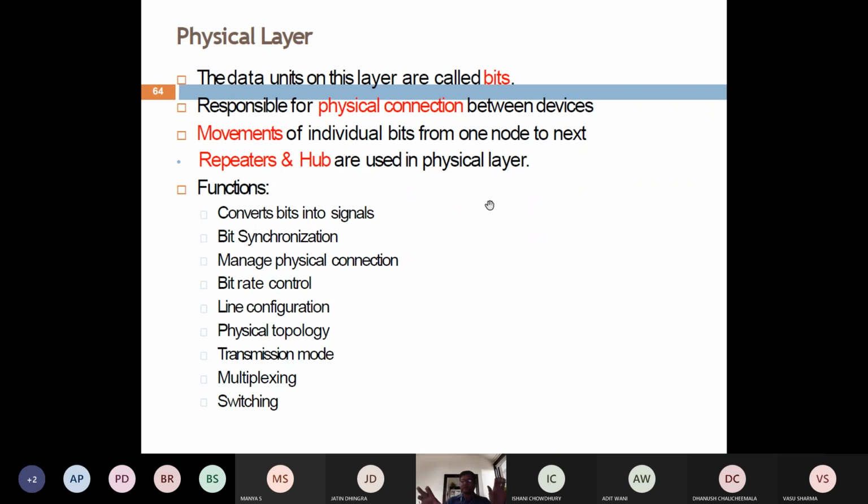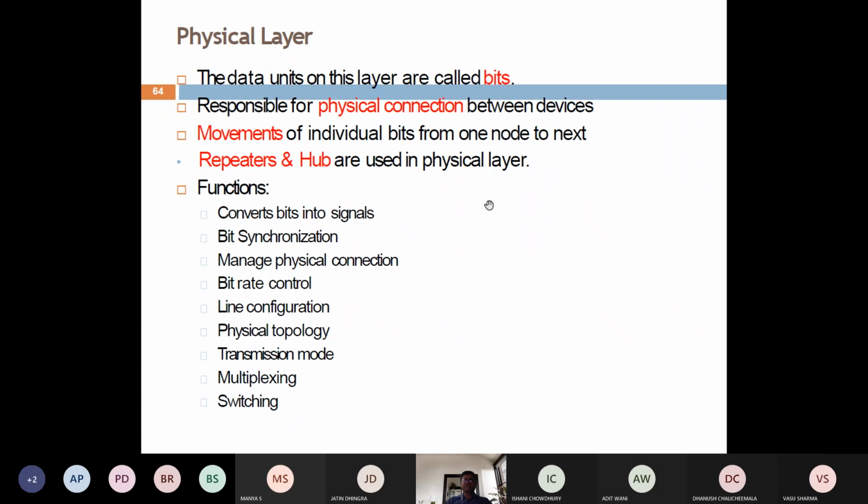The movement of individual bits from one node to another node is the responsibility of the physical layer. The devices we use for the physical layer are repeaters and hubs.